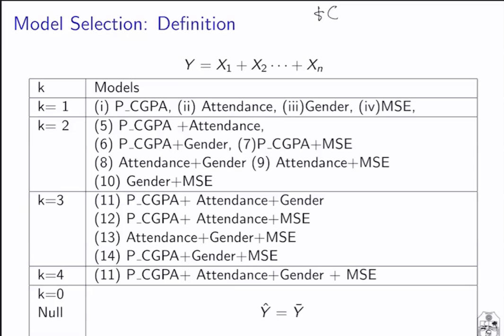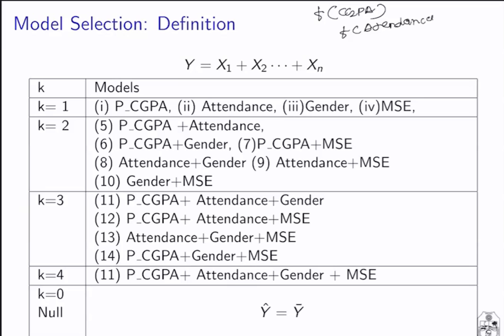Suppose f is a function of the previous semester CGPA, or you may develop it using attendance. In which case you are going to use only a single variable, and your objective is to estimate the end semester marks using that one single variable. So this is one way in which you can develop it. In the second way, you can use more than one variable in order to improve the model performance, that is the accuracy.